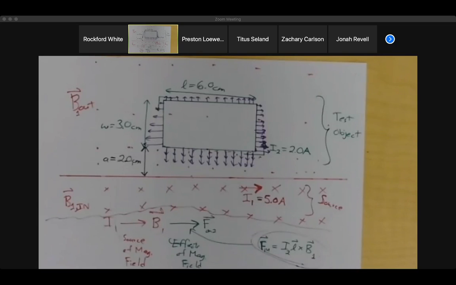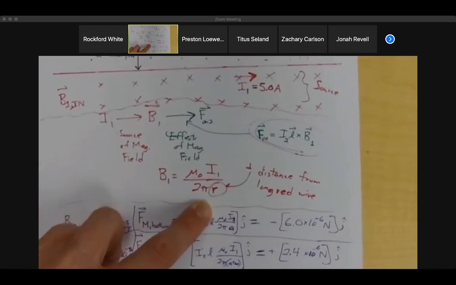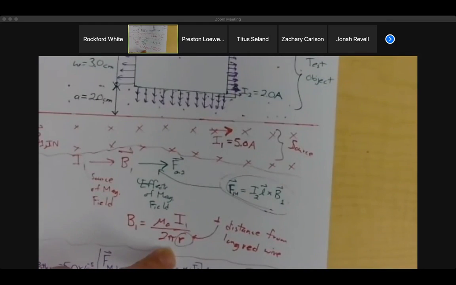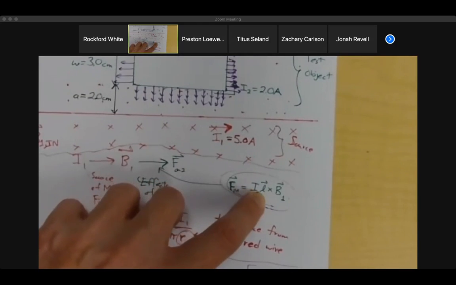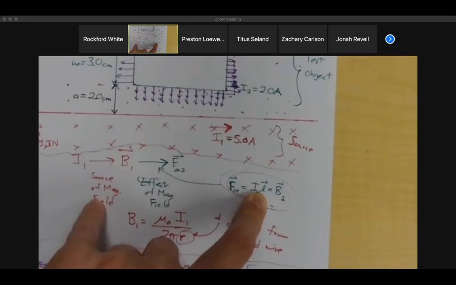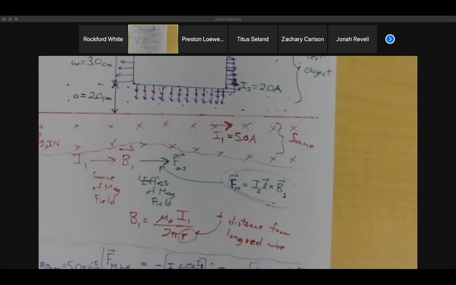And if you want to figure out the force on the left and the right, you could do that. I think you would integrate. And what kind of integral would you get if you integrate 1 over r? Because that would more or less be the variable of integration for the right edge. It's got the same current I2. We're going to make L dl the variable of integration. B is proportional to a bunch of constants in 1 over r. What do you get if you integrate dr over r?